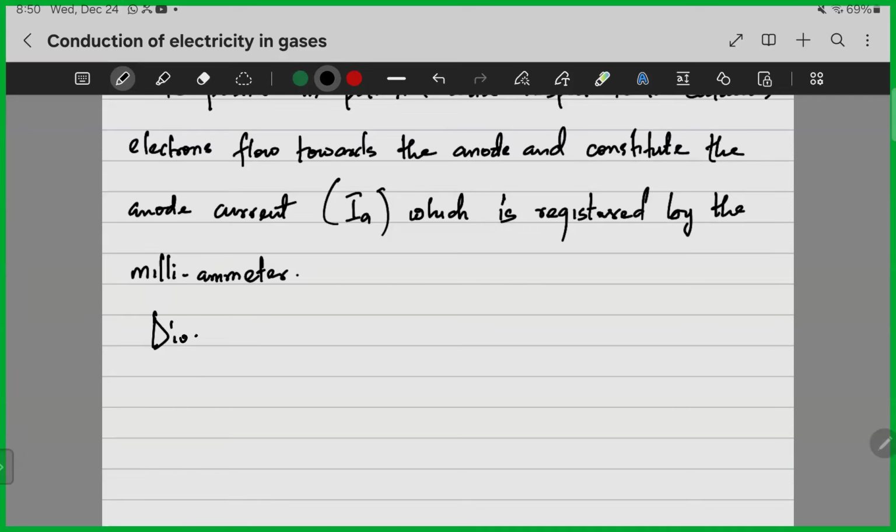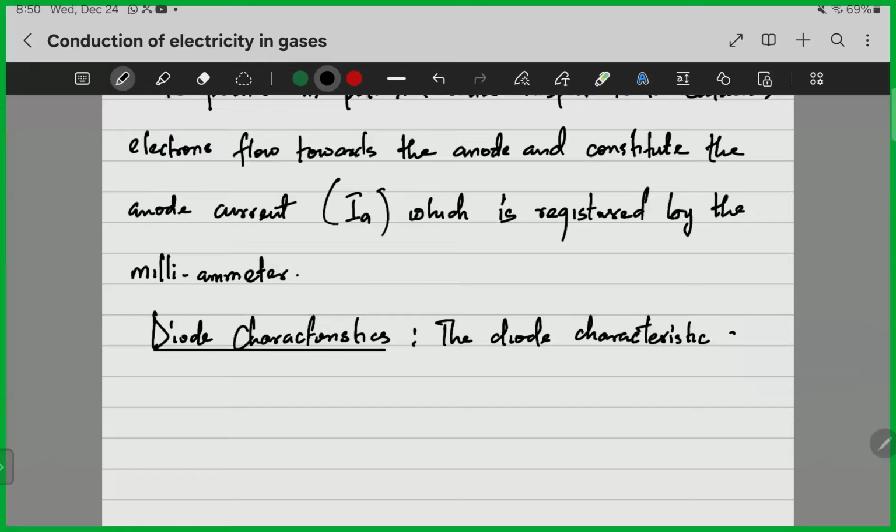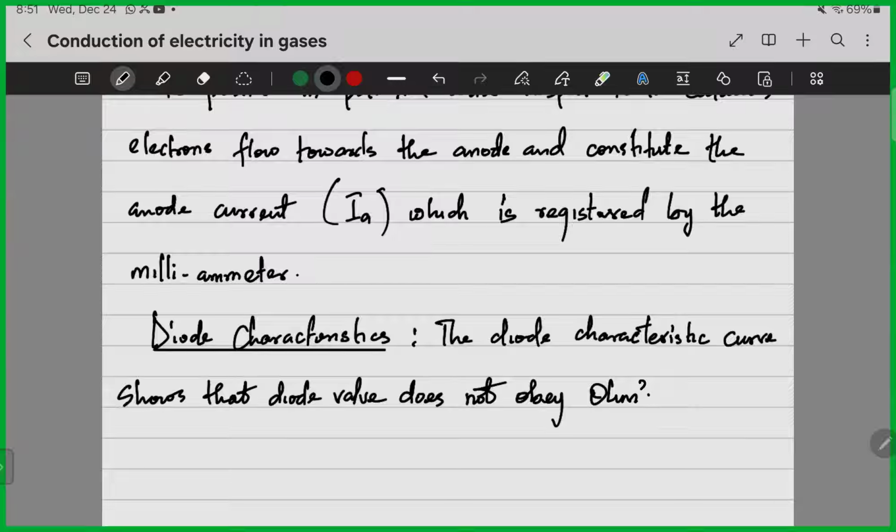Diode characteristics. A diode characteristic curve shows that the diode valve does not obey Ohm's law.